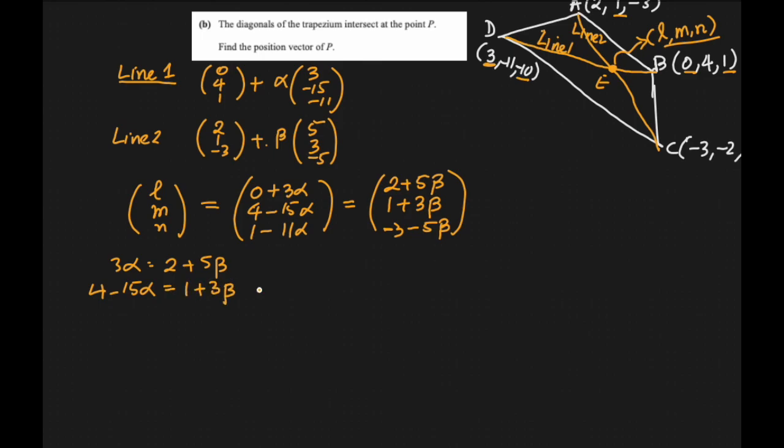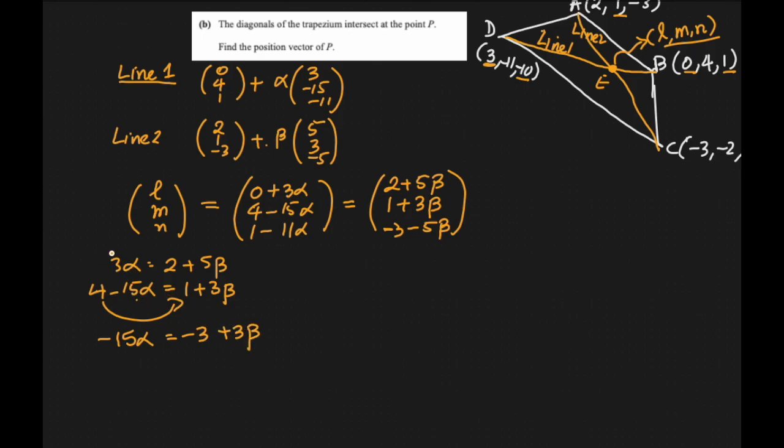So let's use substitution method. No, let's use elimination method. So I'll take this 4 to the other side here. This equation becomes minus 15 alpha, 1 minus 4 will be minus 3 and plus 3 beta.